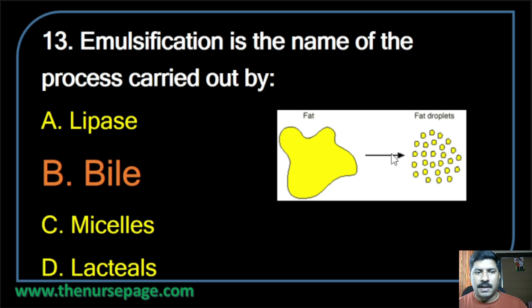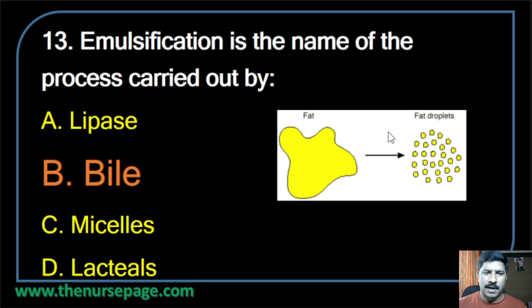So in this emulsification, large fat molecules are divided into small fat droplets, and bile prevents them from again forming large molecules. It keeps the fat in small droplets, which makes digestion and absorption easier.